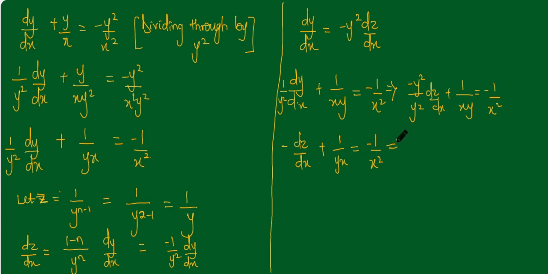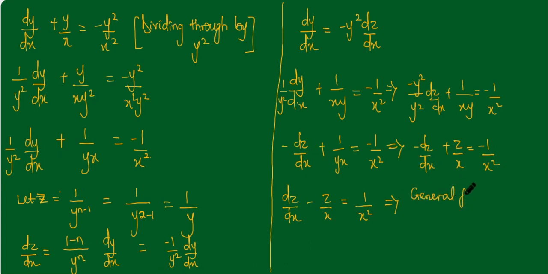Now recall that we said z is equal to 1 over y. Hence, we have minus dz/dx plus z over x is equal to minus 1 divided by x squared. So we can multiply all through by minus 1 to get dz/dx minus z over x to be equal to 1 divided by x squared. So this now looks like the general form of the first order linear differential equation.